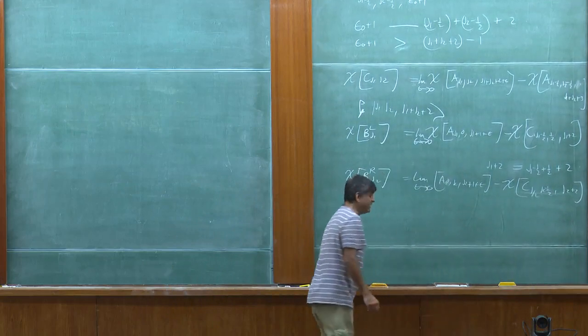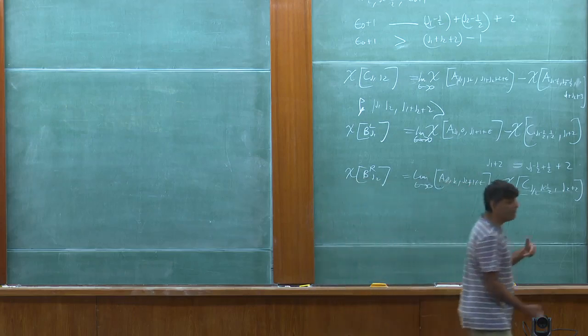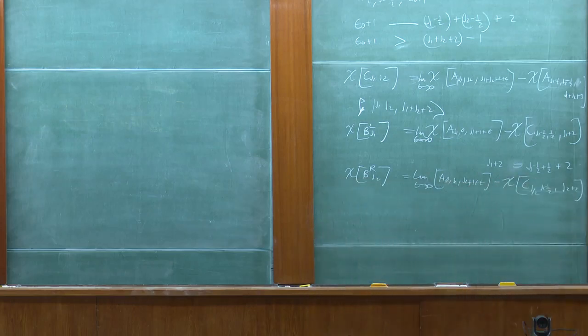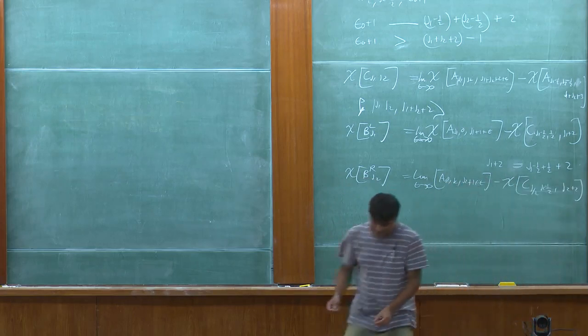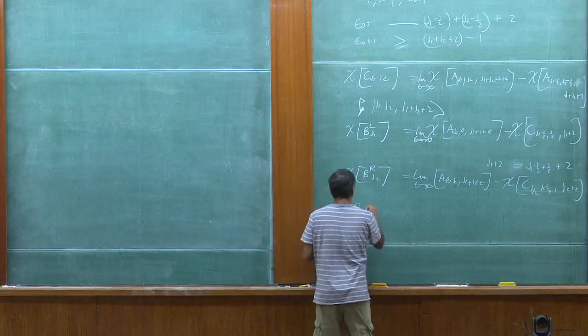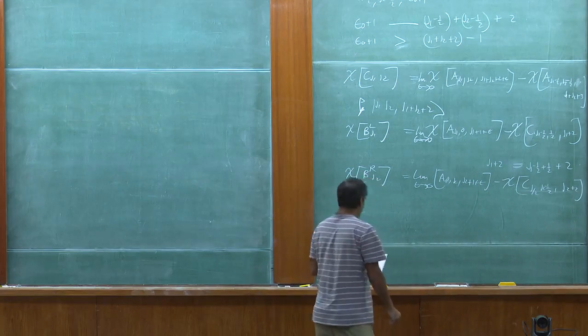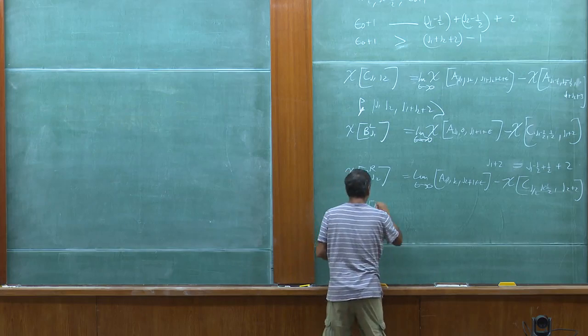And finally, we need the character of the B-type representation. The B representation, the scalar representation with dimension 1. But chi B is very easy.